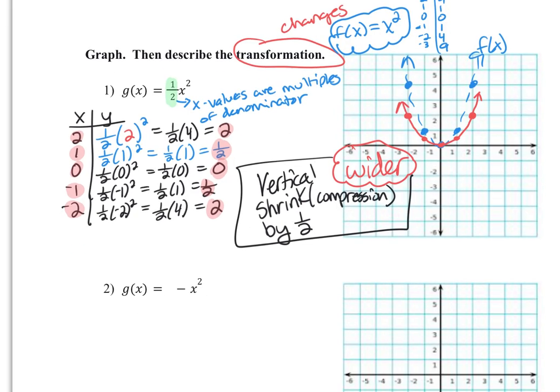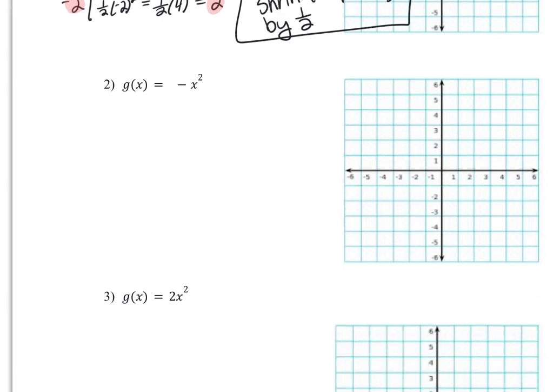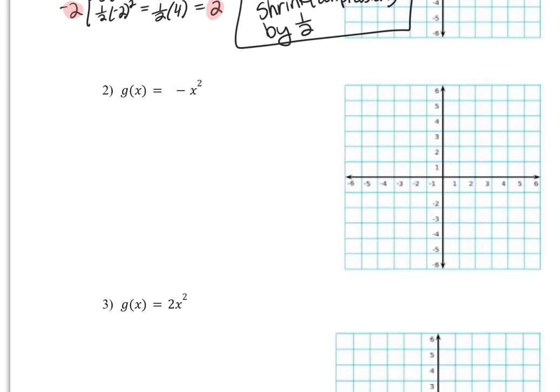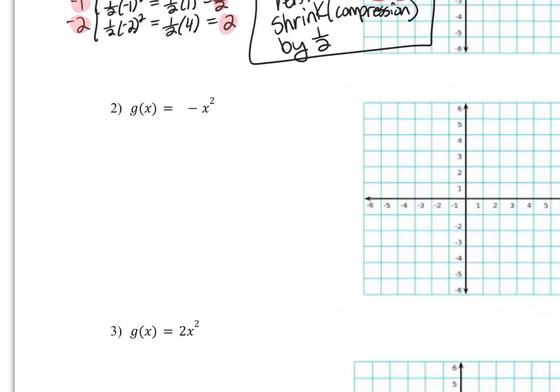So let's pop back. Let's check it out, okay? Let's pop over, we'll go to number 2, okay? Number 2 just has this negative. Now, there's no parenthesis in this to start with, okay? When I pick my numbers, pick -2, for example, I have to write my negative sign. I have to write my parenthesis for where my x is, and I have to write my square.